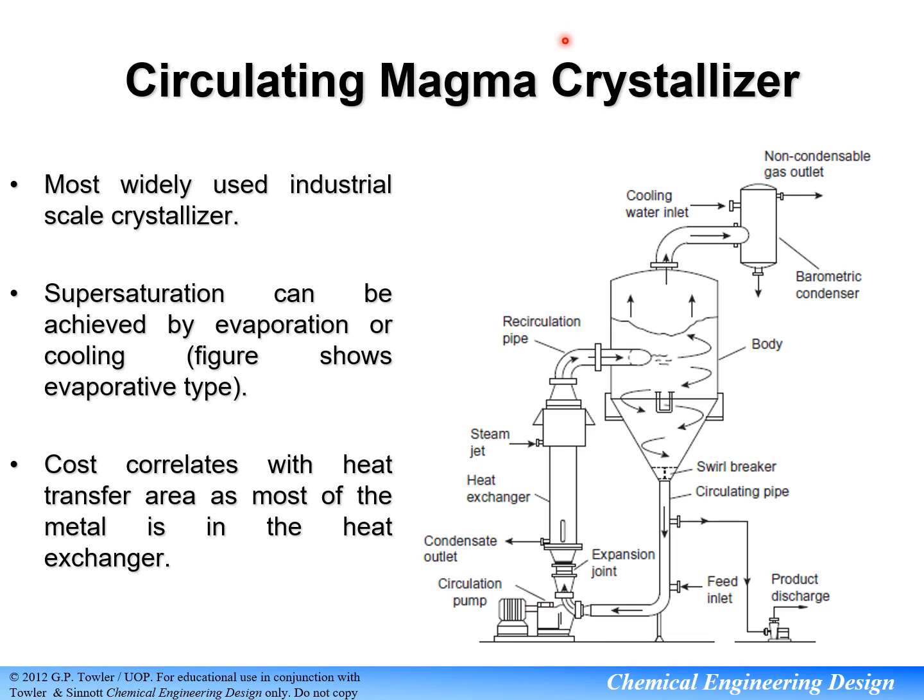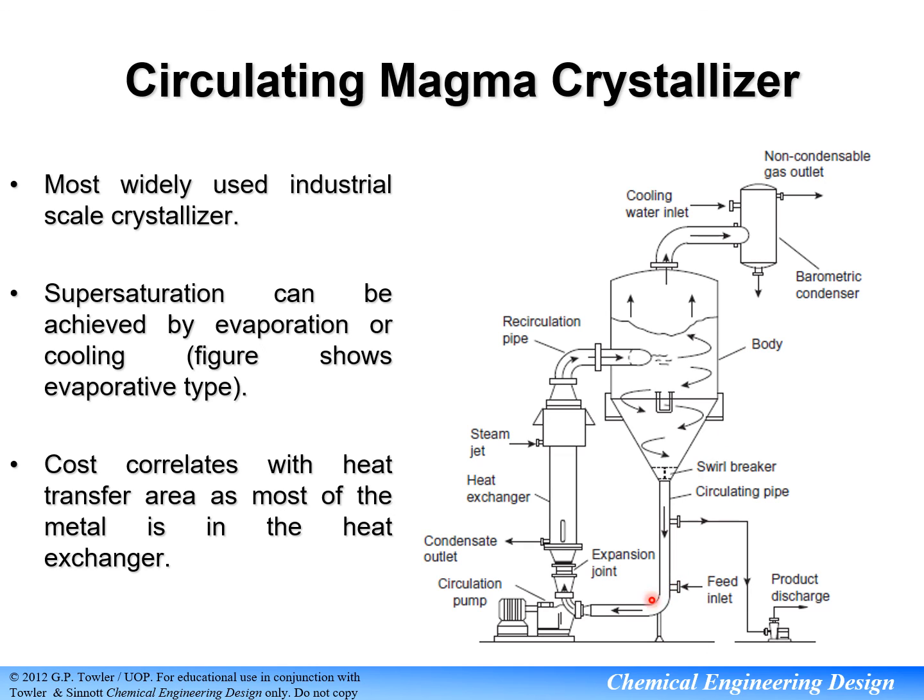Okay, this is an example of a circulating magma crystallizer. Basically, this process separates crystals like ruby, topaz, and zircon from the mixture inside the magma. Inside this process, the liquid will vaporize and move to the condenser.